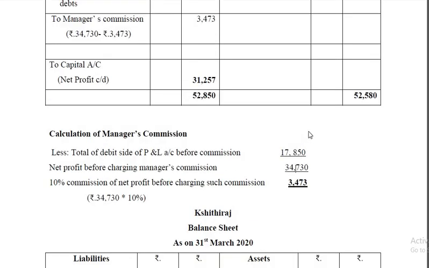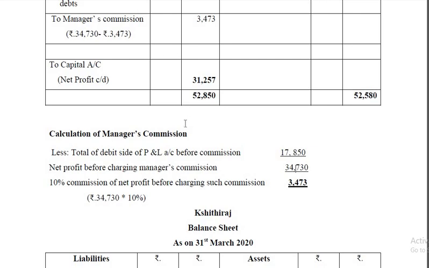Let me repeat. See, 52,580 is the total, and debit side total is 17,850. As a result, you get a balance of 34,730. On that you are calculating 10% commission, 10 divided by 100. Let me repeat once again. Total of credit side 52,580.